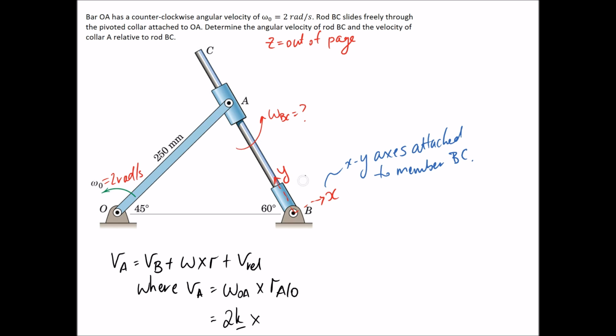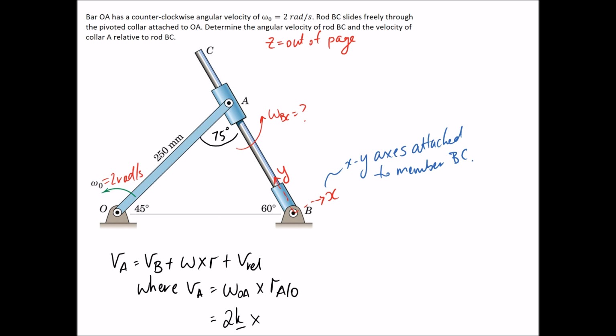This is the way I prefer to do it, but as with all dynamics problems, there's multiple ways to do everything. To figure out what's going on in terms of the x and y directions on this member, first we figure out the angle that sits in here. It's 180 minus 45 minus 60, which comes out to a 75-degree angle.